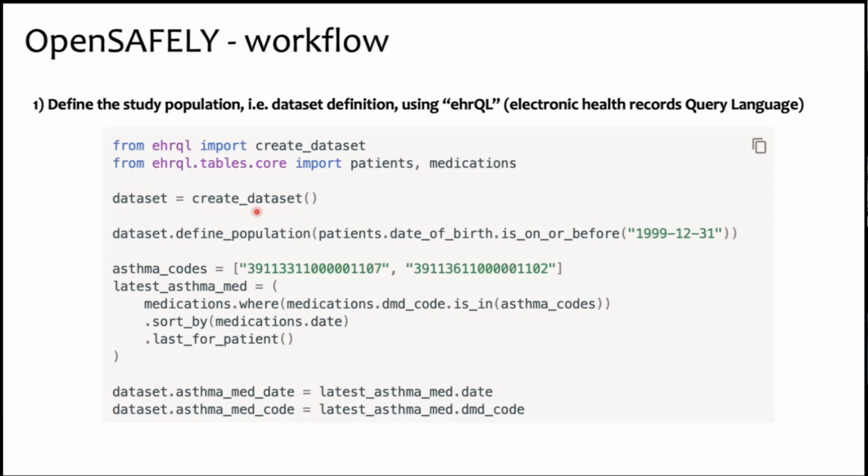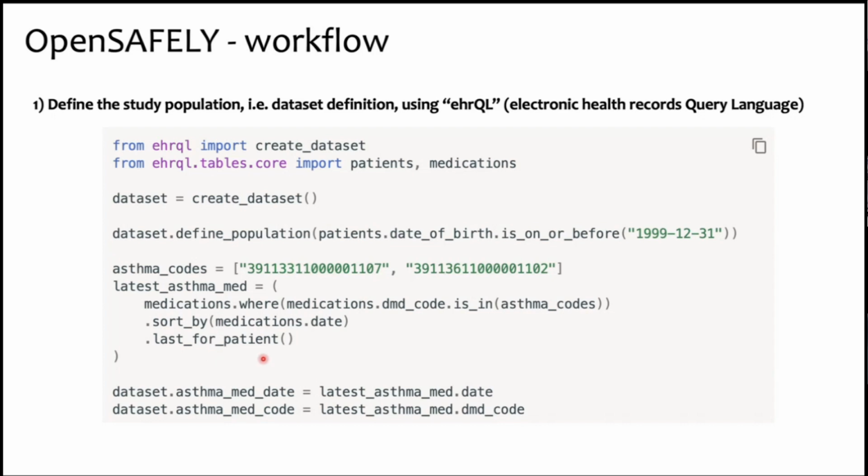So here, for example, you create your data set, you define a population, say everyone with a date of birth before December 99. Then I have here, for example, 2 asthma codes, DMD medication codes. Then you say, okay, I want to know from the entire study population if they have one of these codes, sort them, and for every patient, I want the last entry.